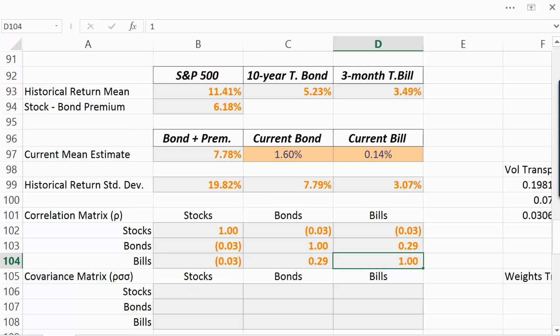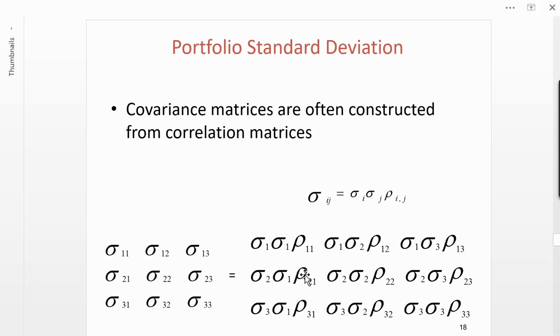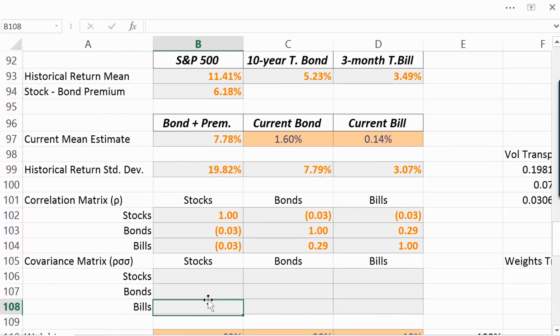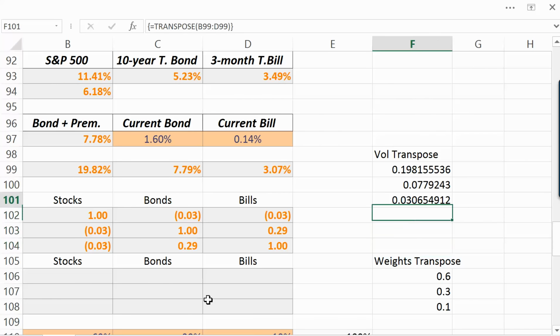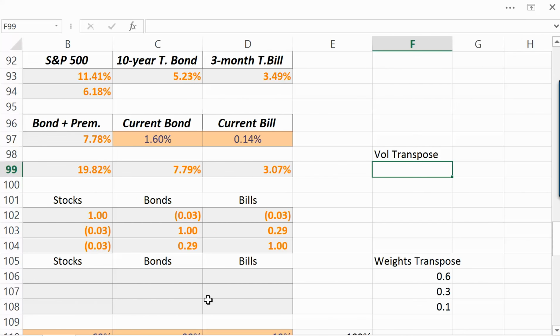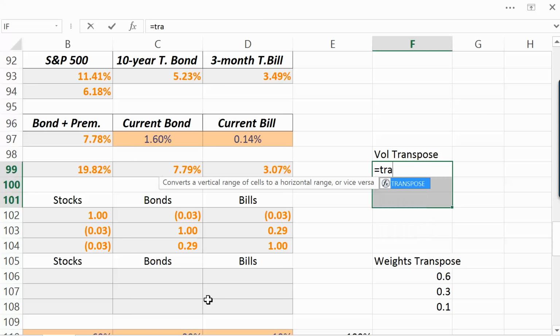From this, I can calculate a covariance matrix. Remember, a covariance is the product of two standard deviations times a correlation coefficient. So I'm going to do a little trick here. I'm going to set up a little transpose. I'm going to highlight this 3x1 matrix or array and say equals TRANSPOSE.